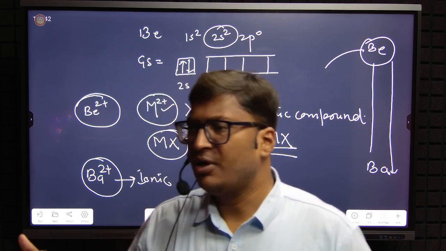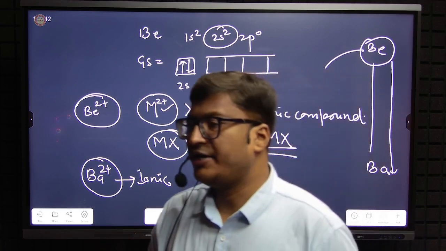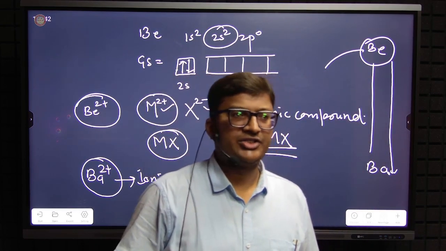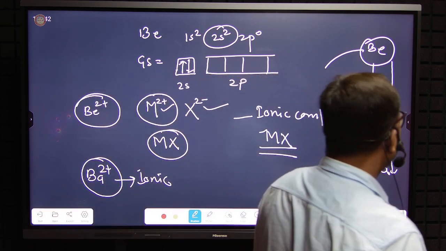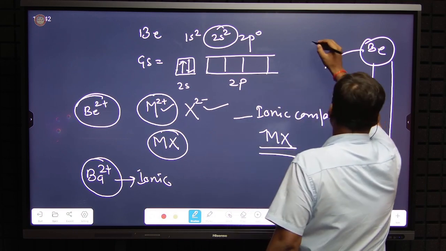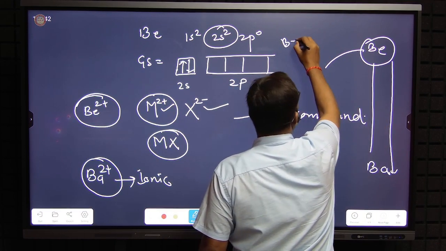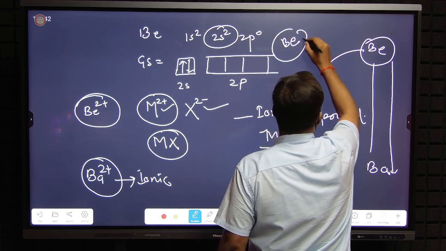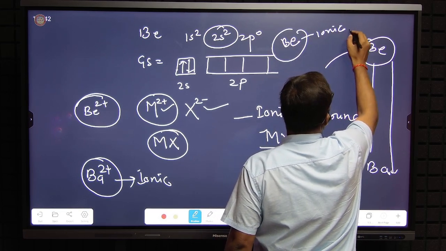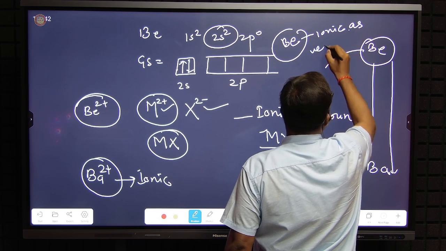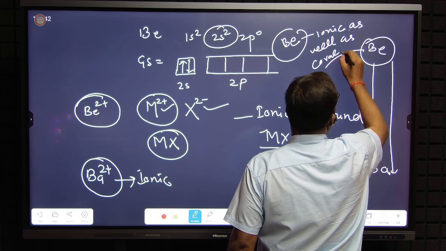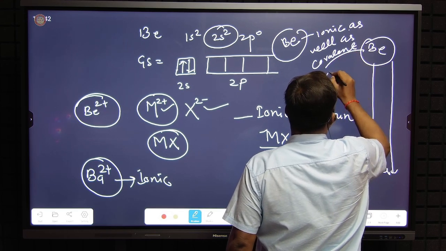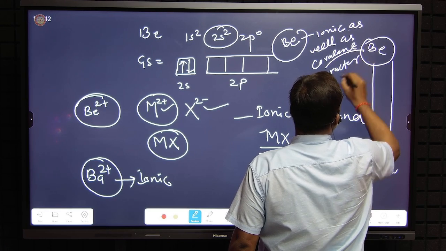So beryllium compounds possess both ionic as well as covalent character in compounds.